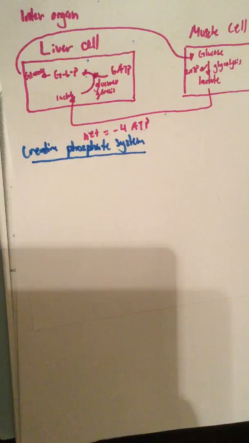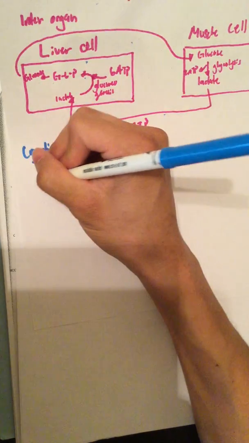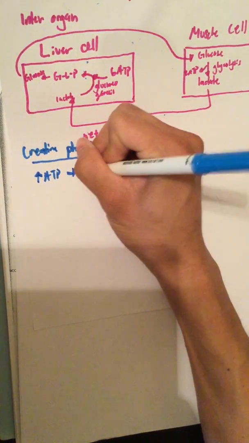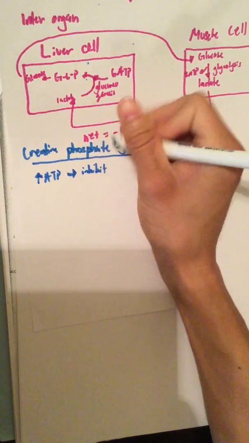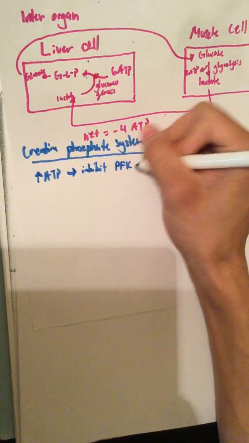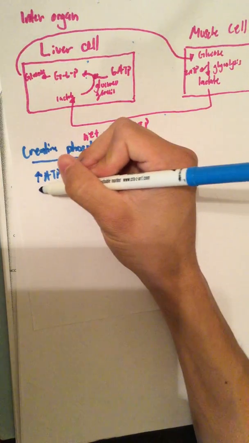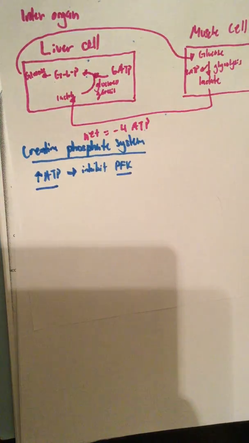Imagine if we had high levels of ATP in our muscle, we wouldn't be able to run through glycolysis, because high levels of ATP, I'll just write this down, is going to inhibit PFK, right? PFK is one of the main allosteric enzymes in glycolysis. If it's not going, glycolysis isn't going. And we can't have glycolysis just not go. So we need to find another way to store a high amount of energy.